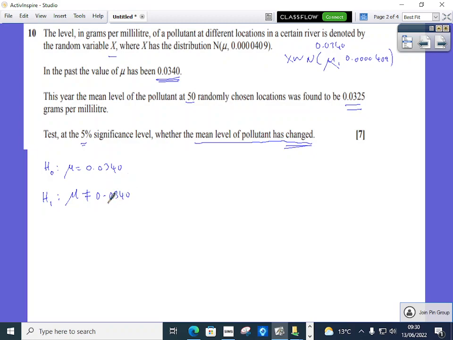Then the other thing to remember is that they took 50 randomly chosen locations. So instead of the whole population, all these rivers, they took a sample of that. So this is going to be a sample. Going back to that, you can then say that x has this normal distribution. The mean does not change, so it stays as 0.0340, that's mu.